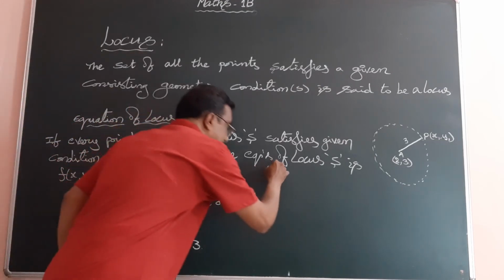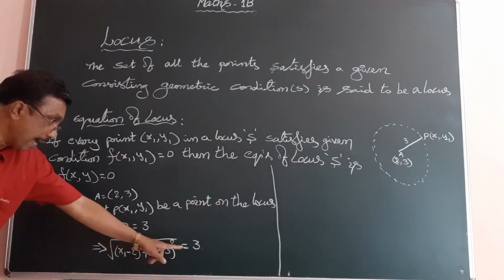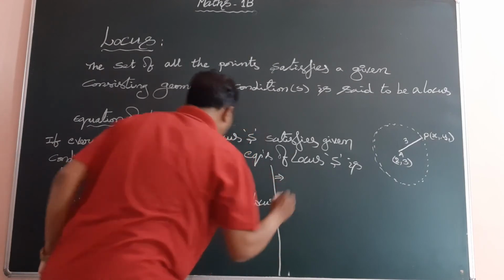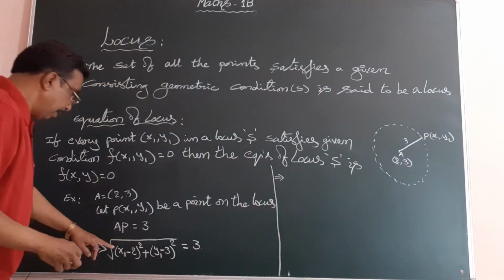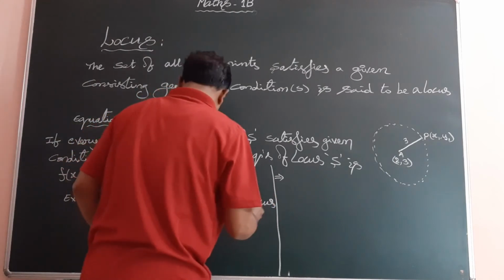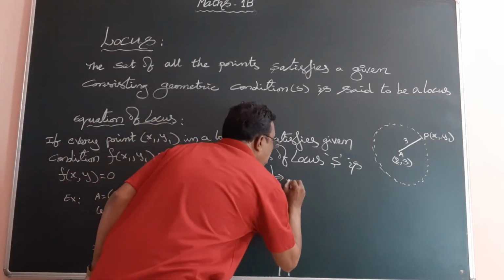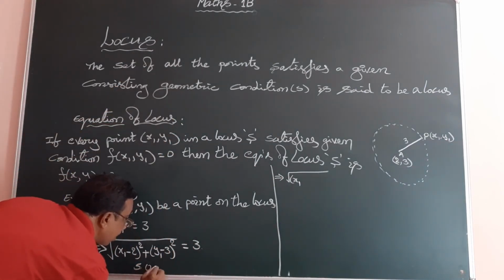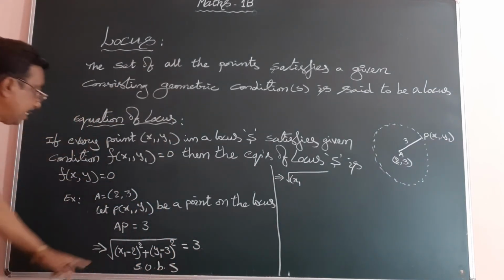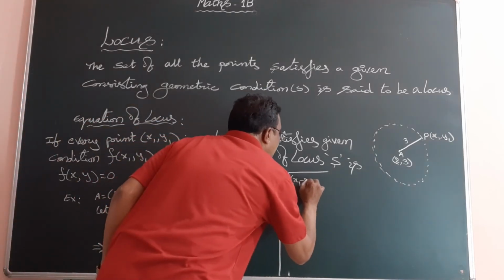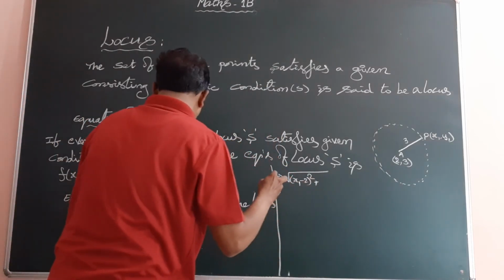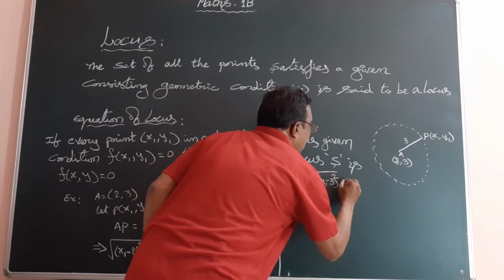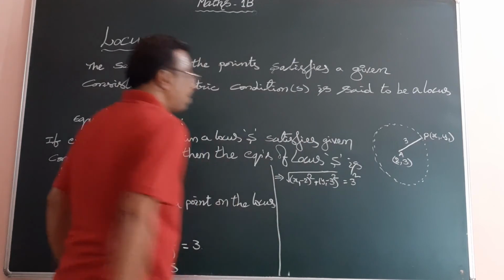Squaring on both sides, the square root is cancelled. The square root of (x1 minus 2) whole square plus (y1 minus 3) whole square equals 3 square.